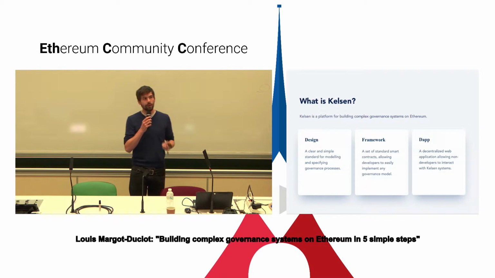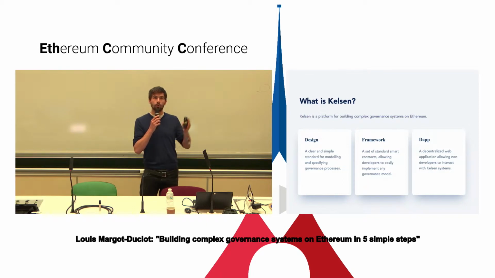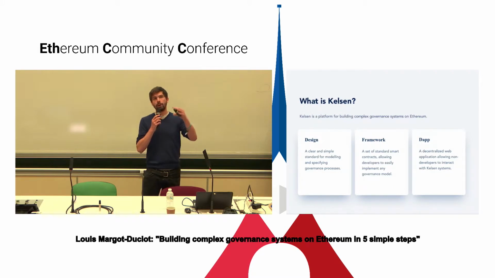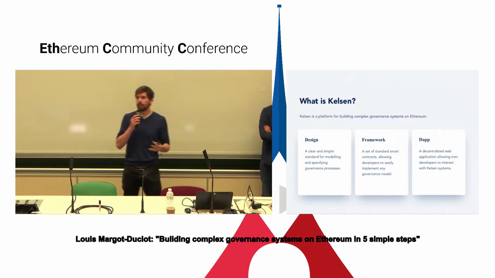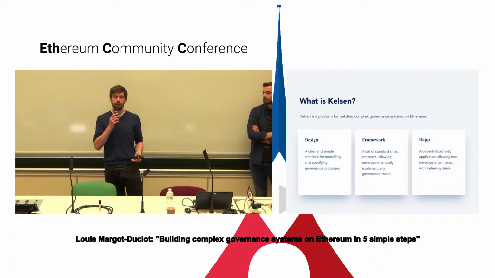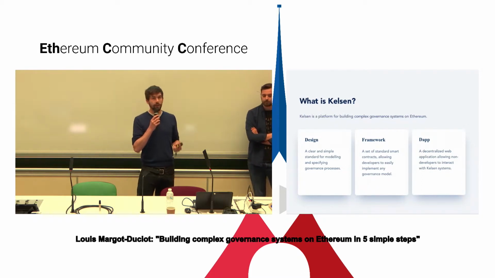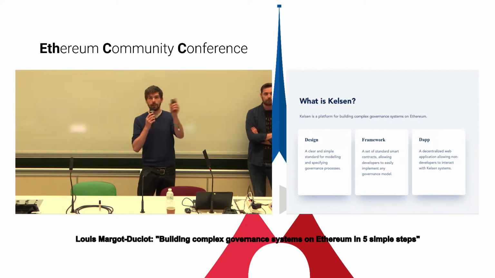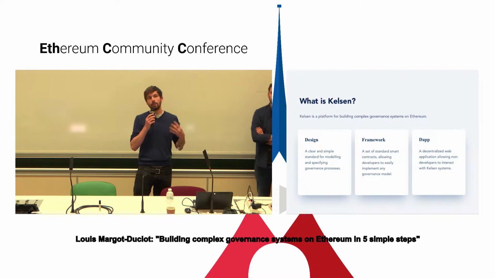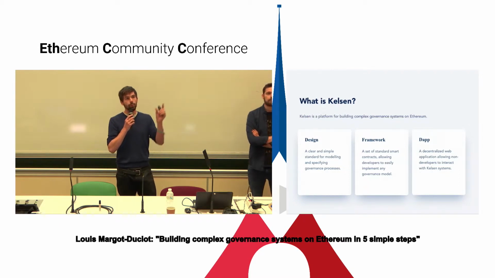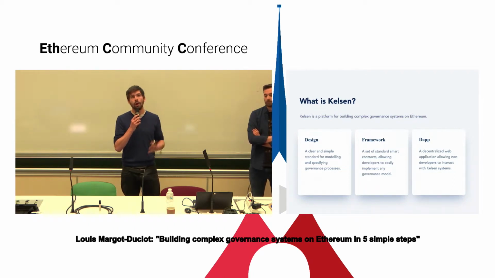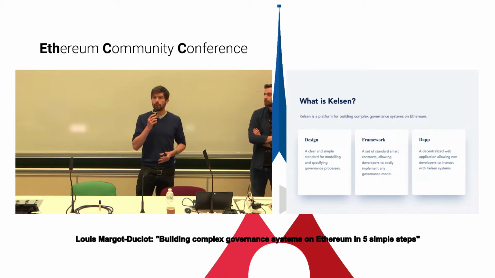So the very first thing Kelzen is, it's a way to read a governance system and to design it, to put it in a box and to come up with a diagram that helps you categorize your governance system. The second thing Kelzen is, it's a set of smart contracts that are independent one from the other, that can be used as Lego bricks to put the diagram you came up with in practice and to deploy your organization on an Ethereum-based blockchain.